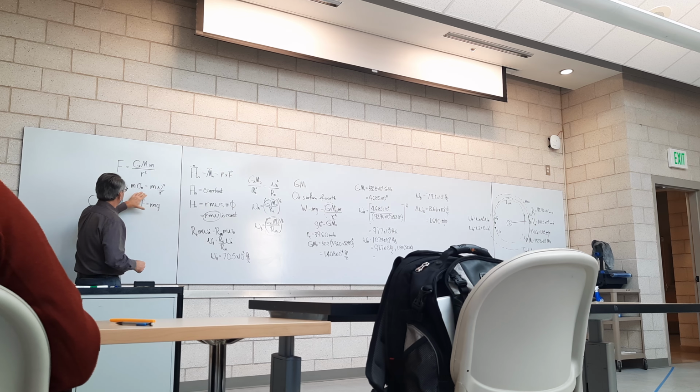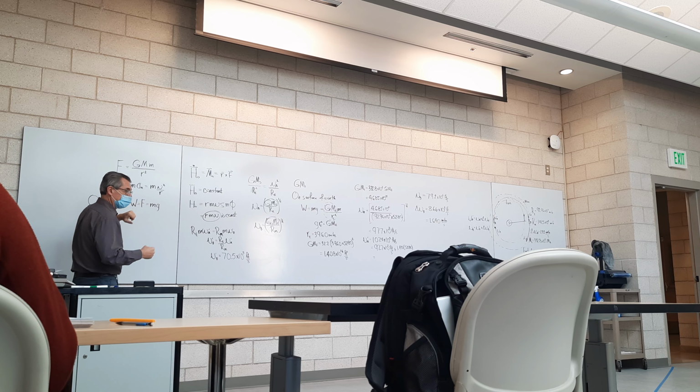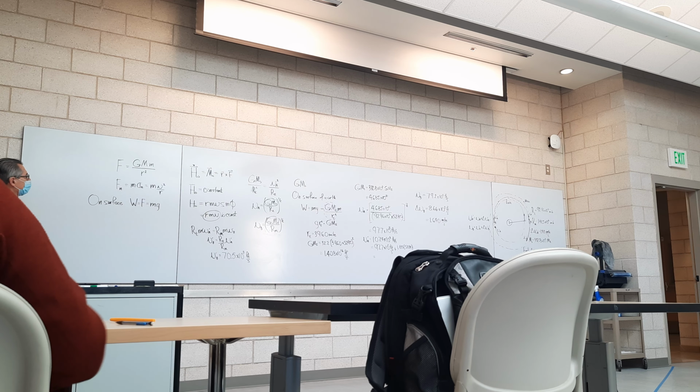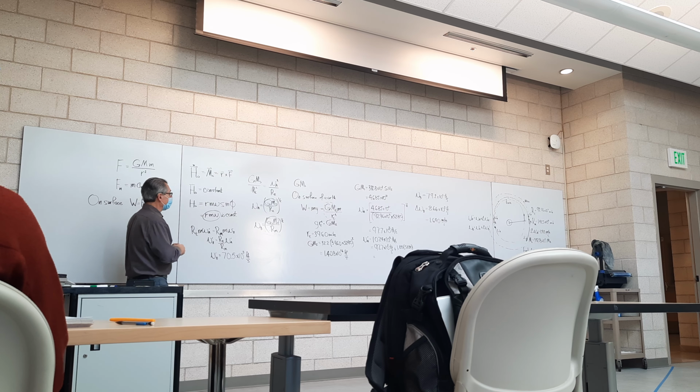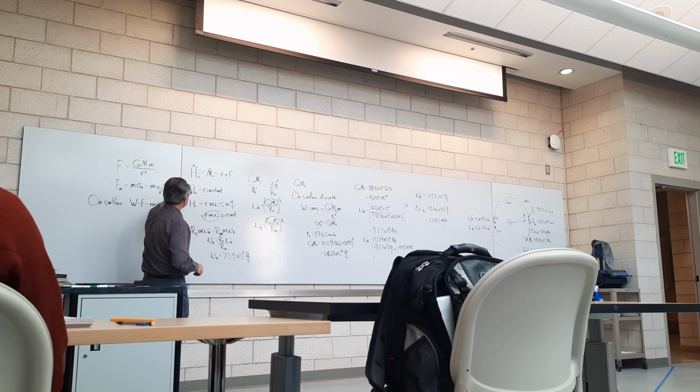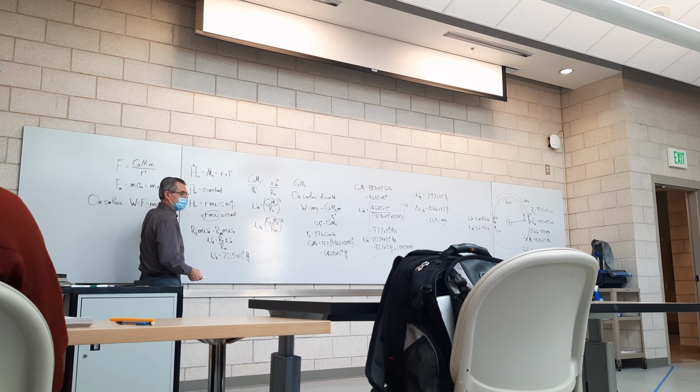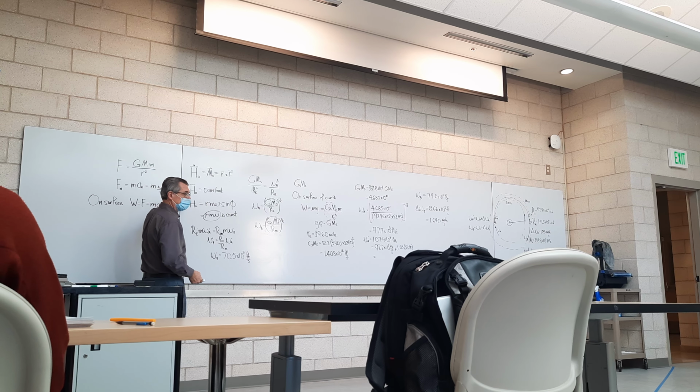These R's change, so you have to be a little careful as you're going through this. And the other thing is, if we're dealing with a particle under a central force, then we can say this is going to be constant. The central force most of the time we're going to be dealing with is gravity.